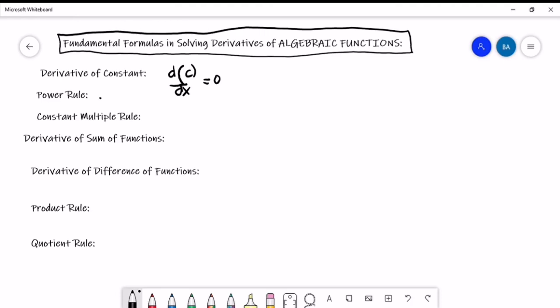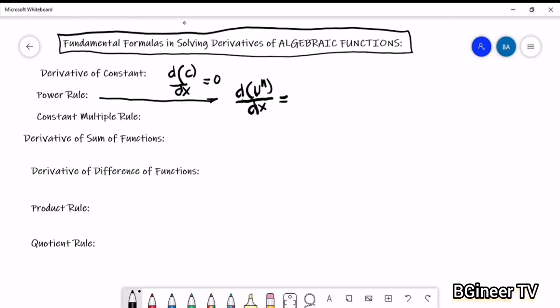And then the power rule, the derivative of u raised to n over dx. The formula for it is n times u, wherein u is a function, raised to n minus 1, and then du dx.